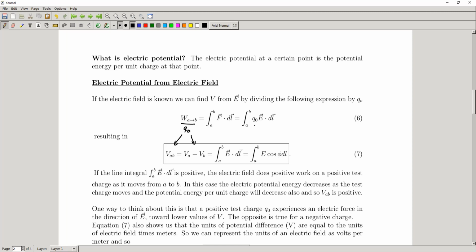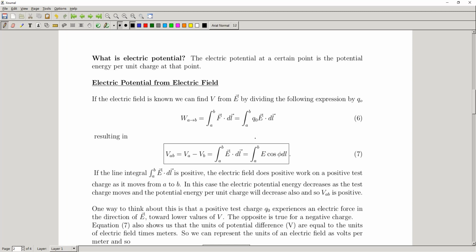And then here, since we're dividing through by Q naught, if we divide out the Q naught here, we just end up getting this right here. And the final equal sign is just us rewriting this dot product as the cosine of the angle between the electric field and our tiny chunks of distance dl, right? I'm going to remove these for the notes because I write it in words, and I want to keep it nice and clean.